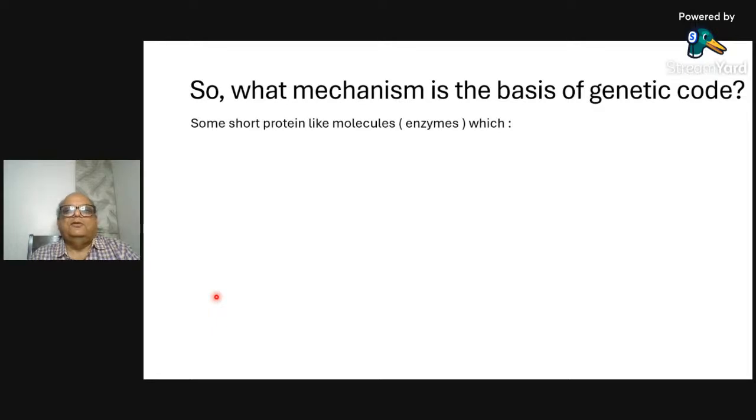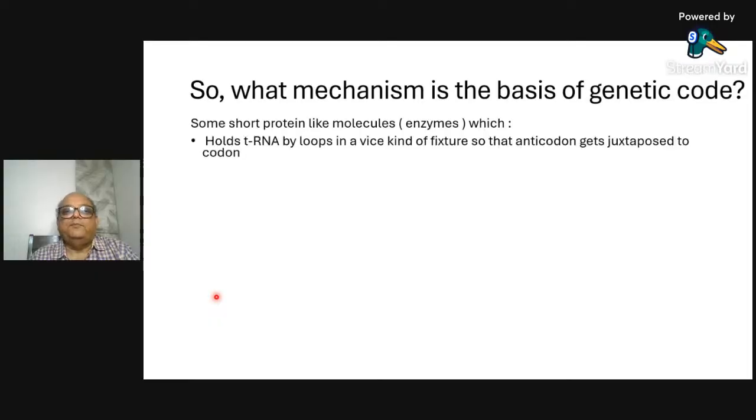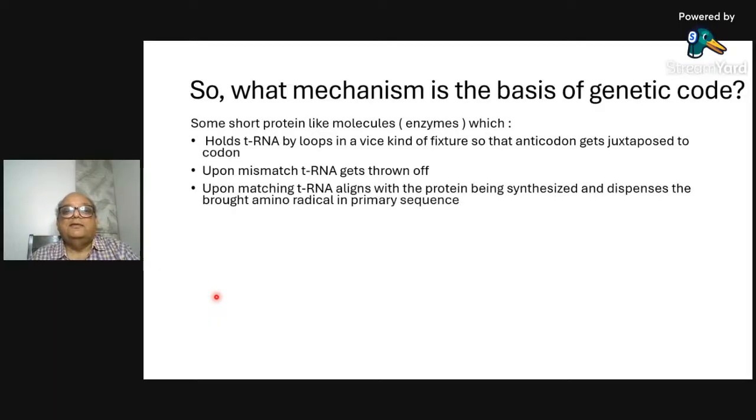So it must be some short protein-like molecule, some enzyme, which holds tRNA by the loops in a vice kind of fixture, so that anticodon gets juxtaposed to the codon. That is one function. Other function is upon mismatch. Suppose the codon does not match the anticodon, that tRNA should get thrown off, and next one should be picked up. Okay.